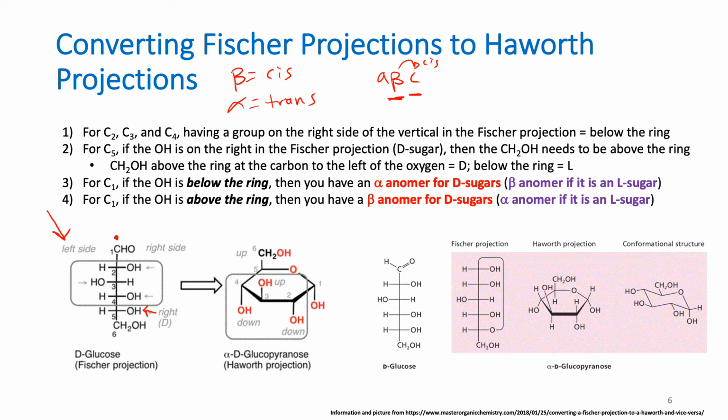So let's look at how to do this. Now let's say in this arrow I said make the alpha anomer. What you're going to do is draw a 6-membered ring. Why 6-membered? Because I'm using carbon 5 to do my attacking, not carbon 4. I might say make an alpha pyranose.